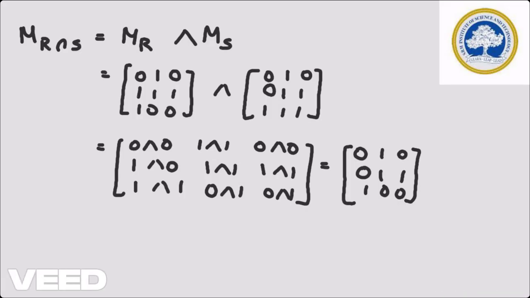Similarly, A12 is 1 in matrix representation of R, 1 in the matrix representation of S. 1 and 1 is 1. Similarly, A13 is 0 in matrix representation of R, and A13 is 0 in matrix representation of S, and 0 and 0 is 0. Similarly, for the remaining rows. Therefore, we get matrix representation of R intersection S as 0, 1, 0, 0, 1, 1, 1, 0, 0.